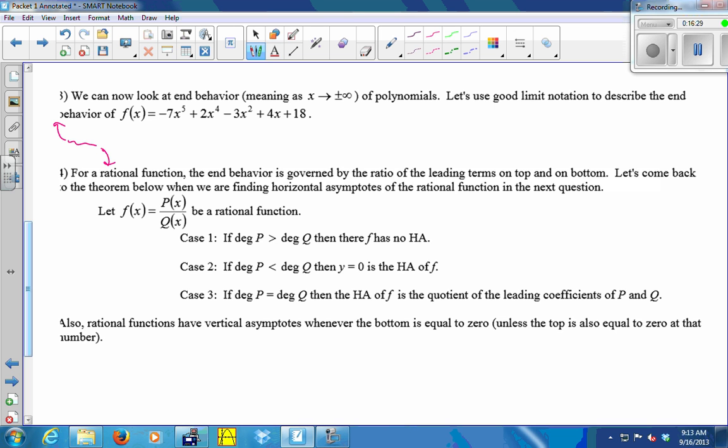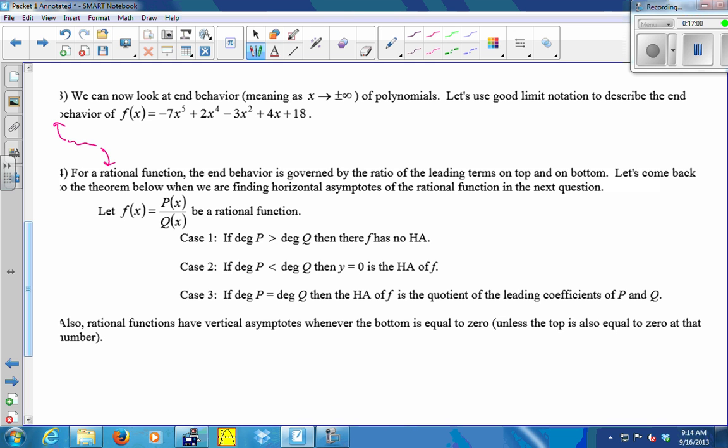Good. How did you know that? So you knew that it was going to have the same end behavior as negative x cubed. Good. Because the degree is odd, all odd degree polynomials either have left arm up, right arm down, or right arm up, left arm down, and then the negative sign tells you which arm's up.